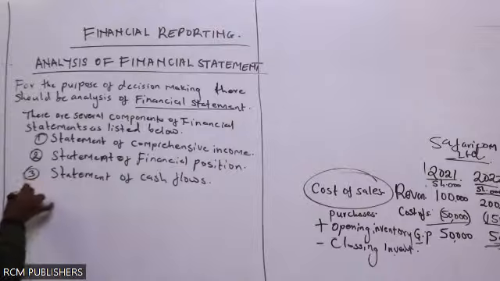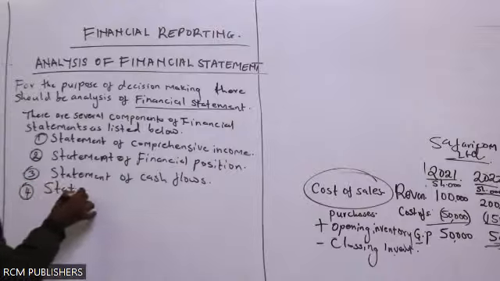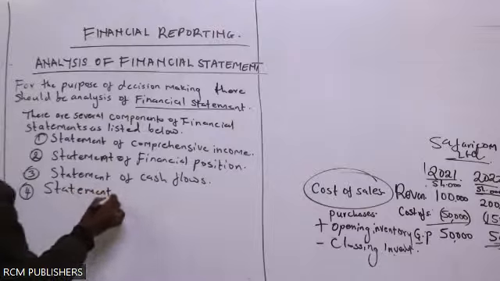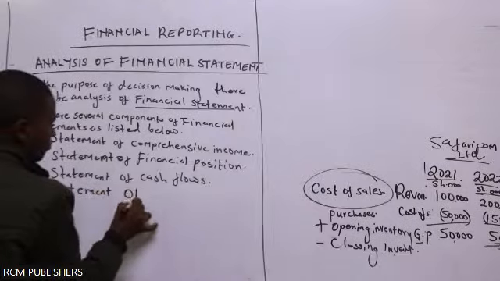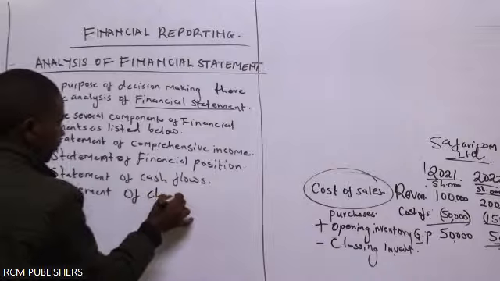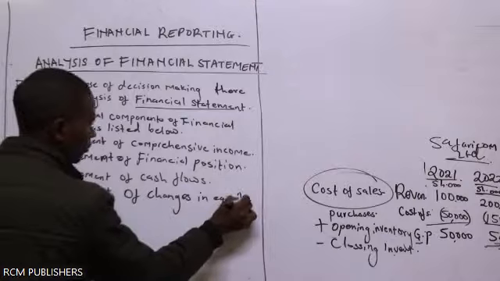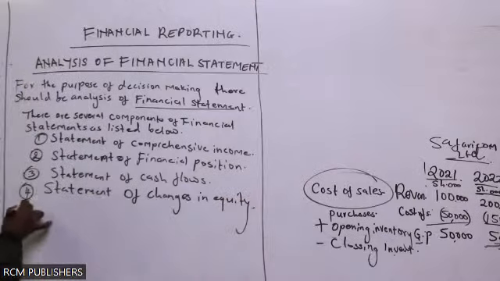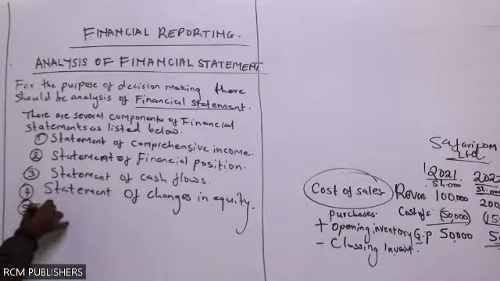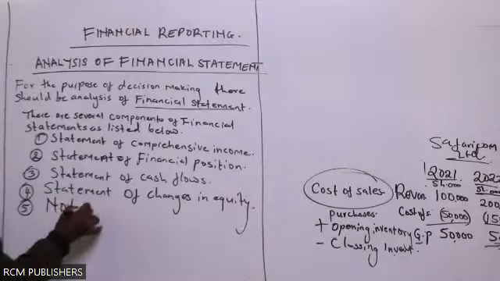And then we have 4, class, statement of changes in equity. Then we have 5, the notes to financial statements.